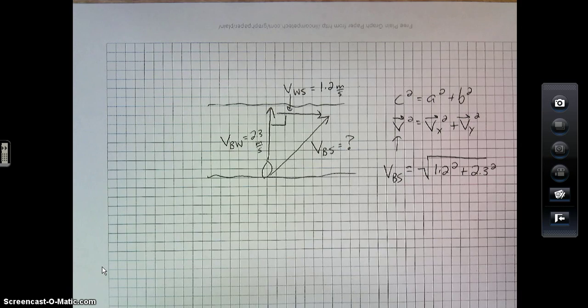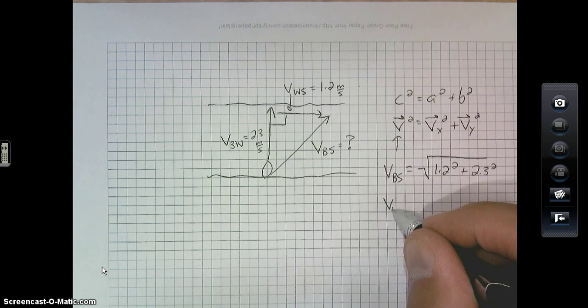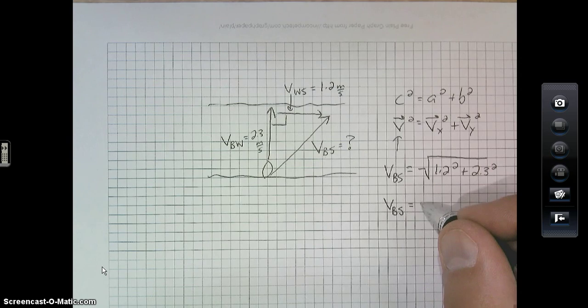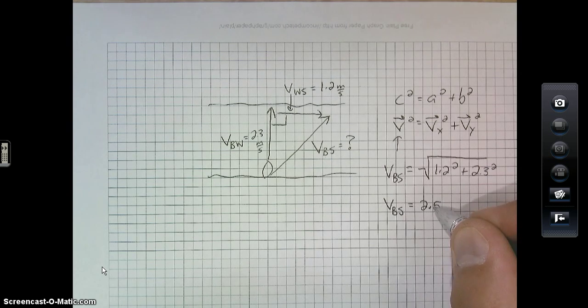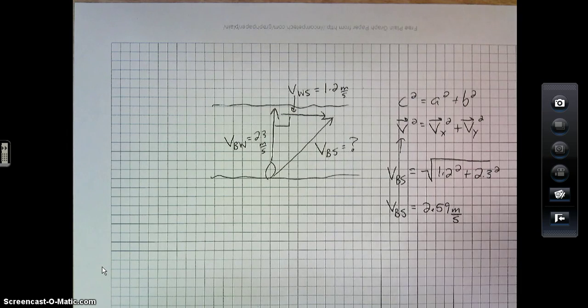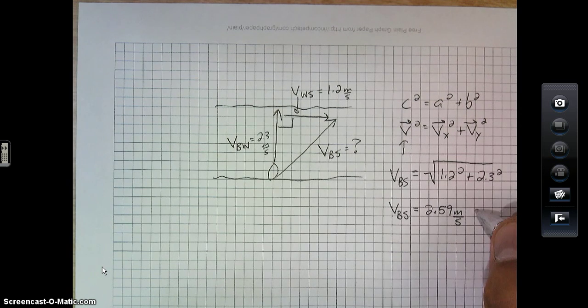If we do that, you should get a velocity of the boat relative to the shore of 2.59 meters per second. Now this is a vector quantity, therefore it has to be at a particular angle.